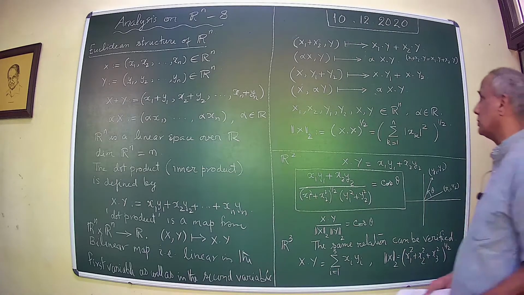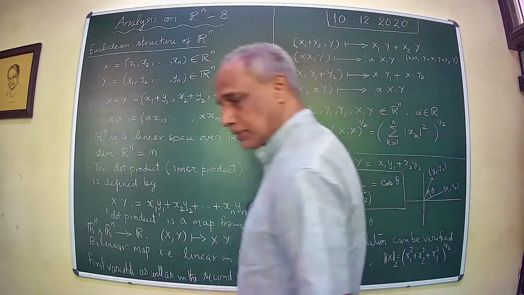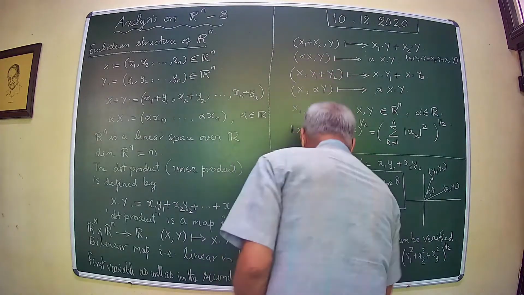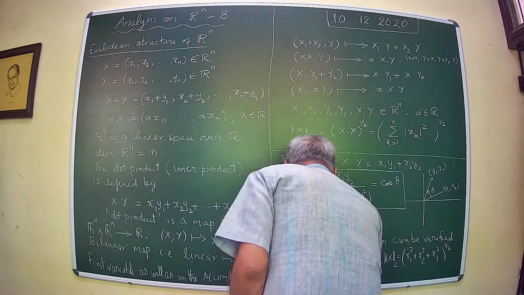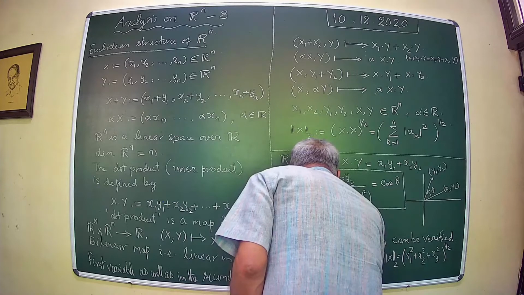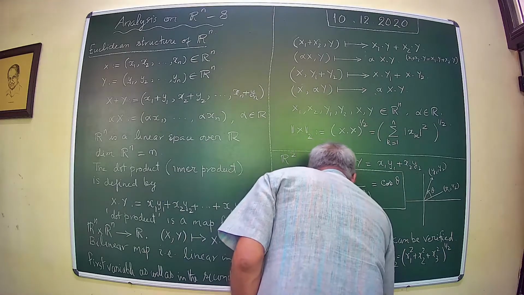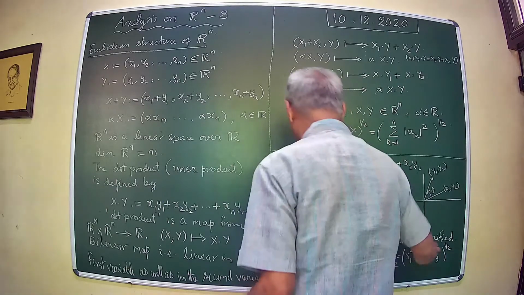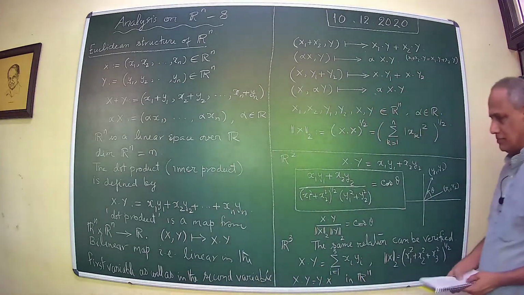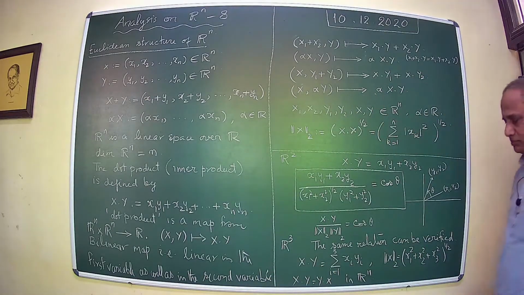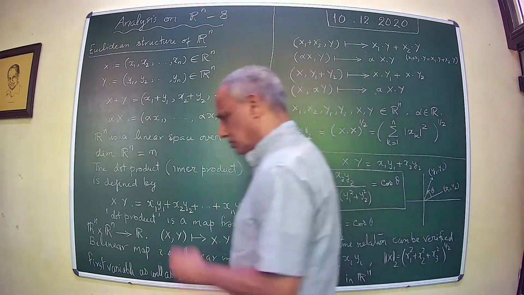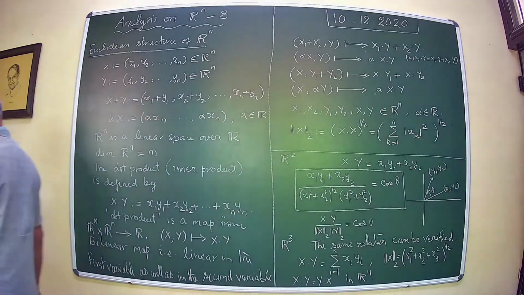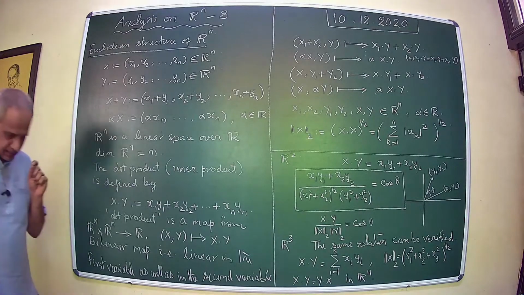And you also observe that the dot product has some properties. So x dot y is a real number.